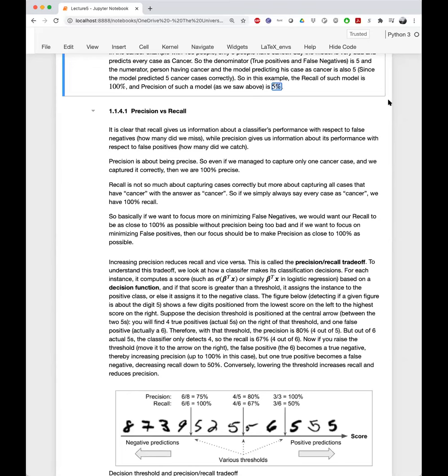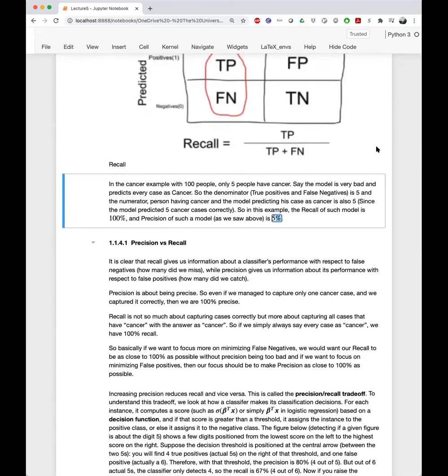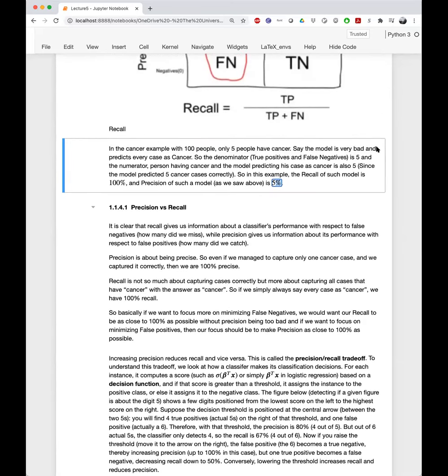How to interpret precision and recall also depends on the case. For example, we can use the cancer detection problem and the spam detection problem as two examples. Say you have a model for cancer detection.